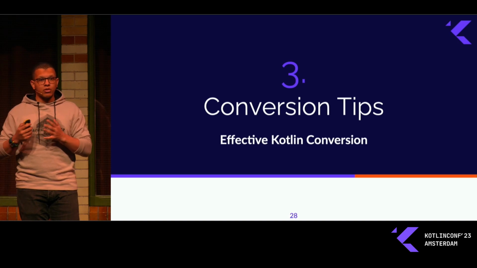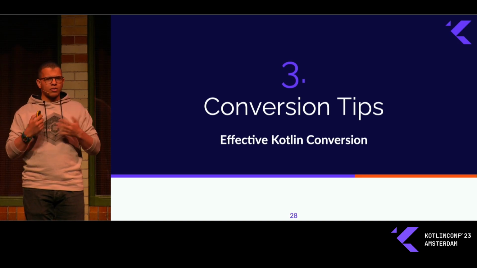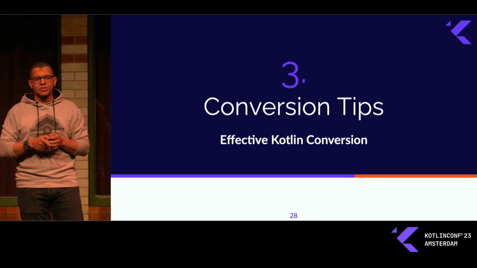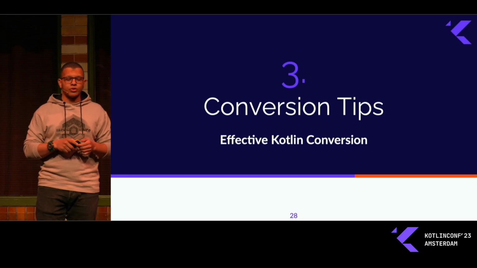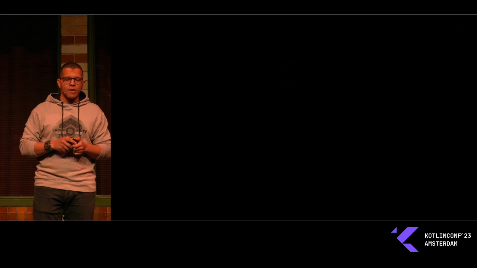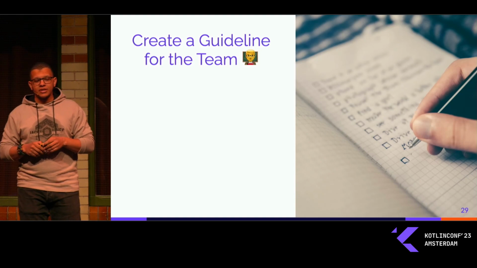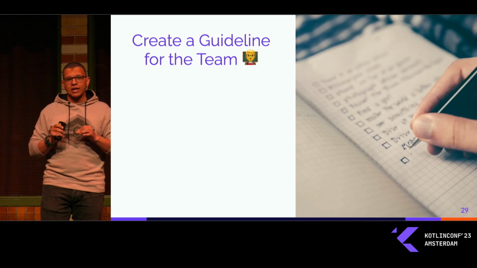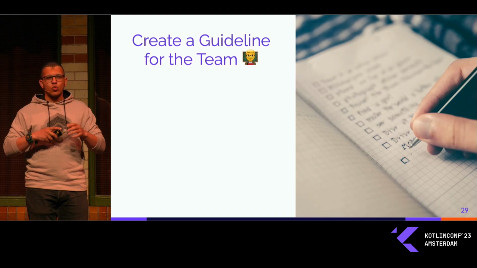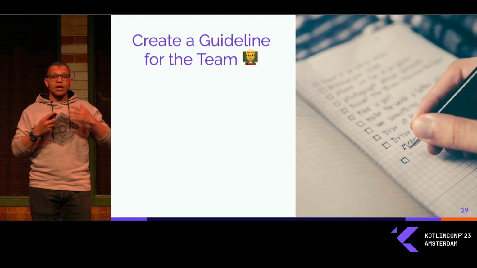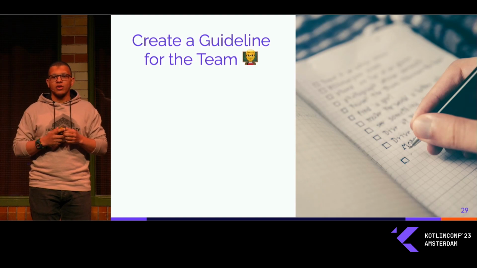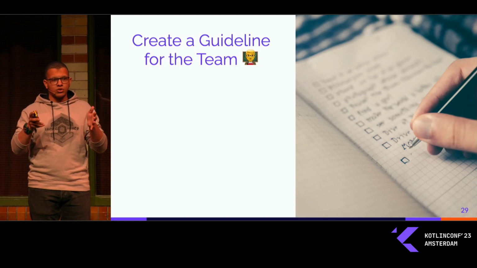So that was about the plan. Now, let's talk about some tips, specifically tips about the J2K converter, right? The first thing we did with my team at EM360 is to create a guideline for the team. This kind of guideline, or you can name it standards if you want, will apply specifically to your team.